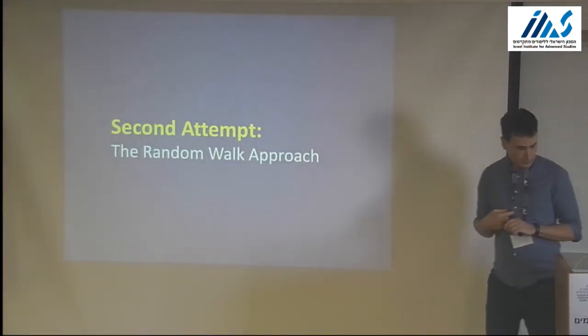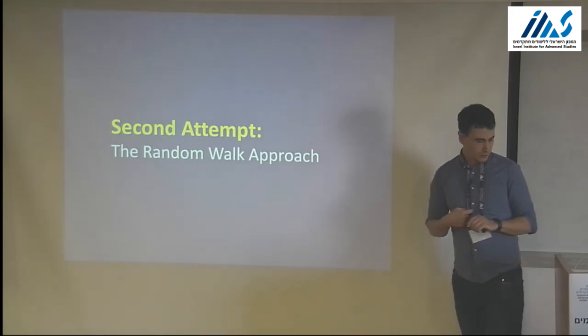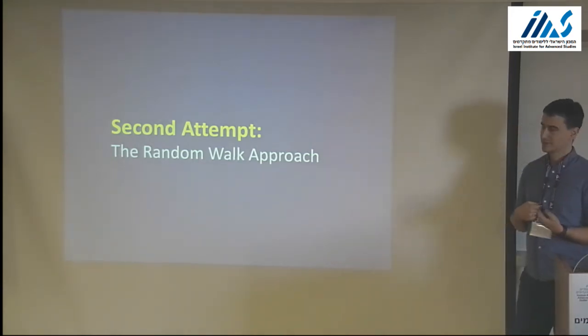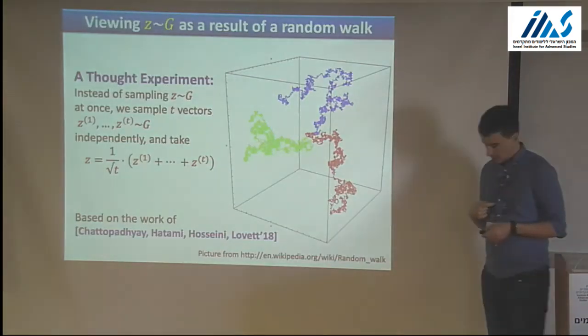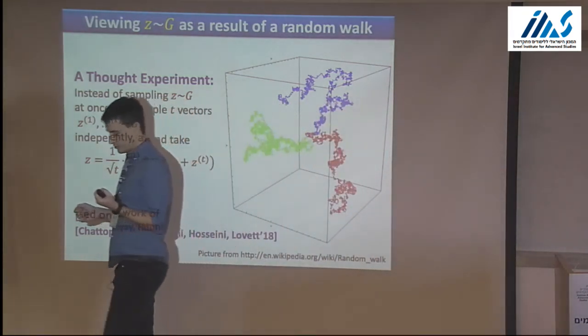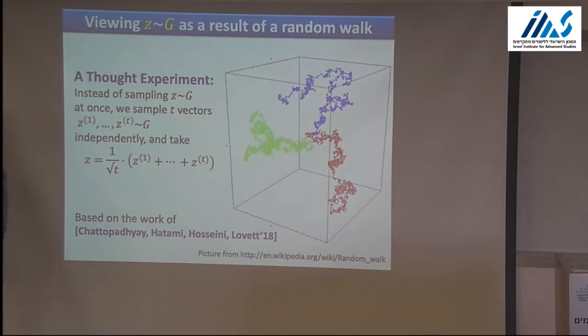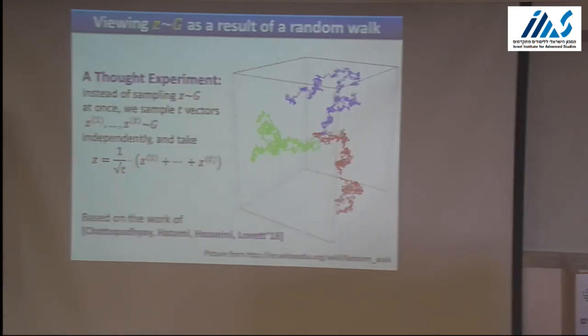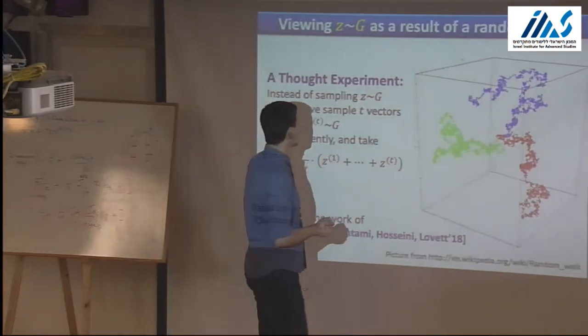I want to rethink this Gaussian distribution. Instead of sampling a Gaussian vector at once, you can think of it as the result of a random walk making a lot of tiny steps. Let's see why this holds.